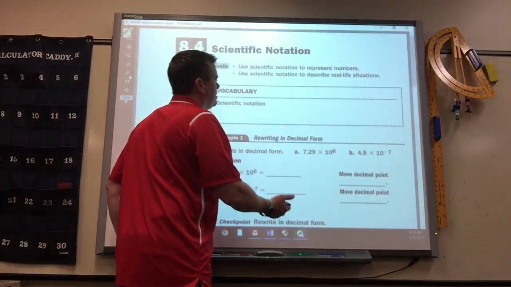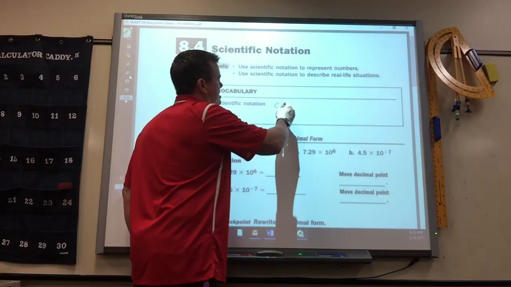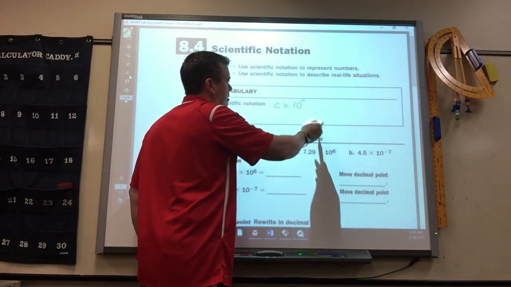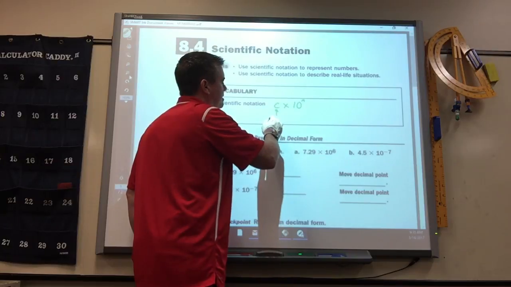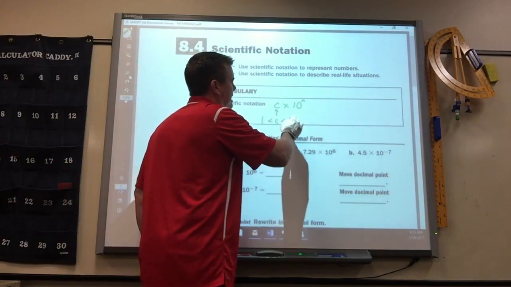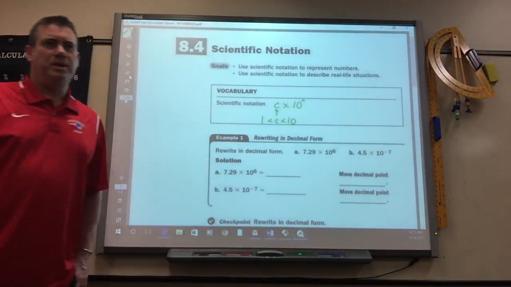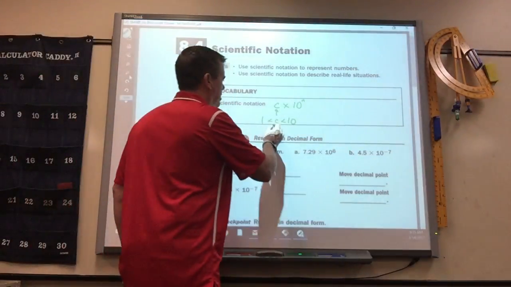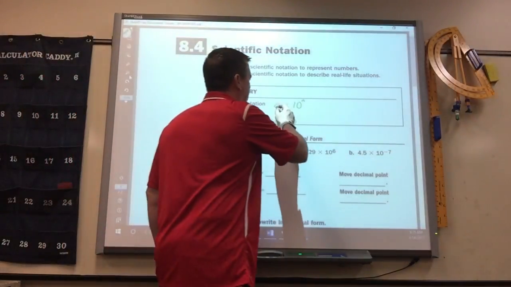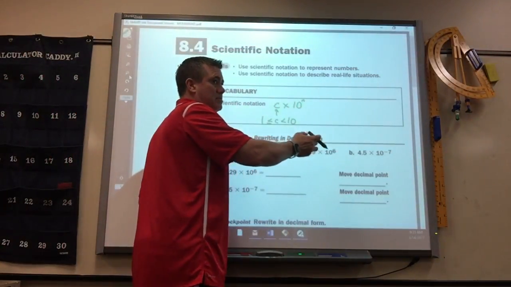Scientific notation, the actual definition, is C times 10 to a number, and C has to be greater than or equal to 1 and less than 10. So all that means is you've got a number and then a decimal.